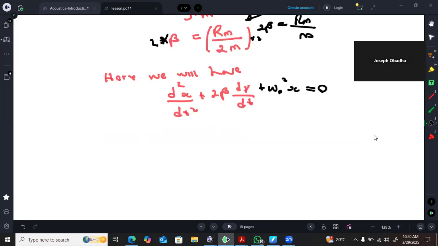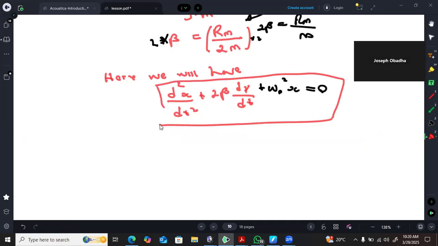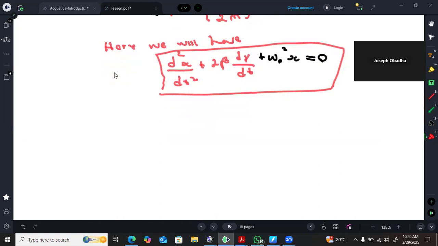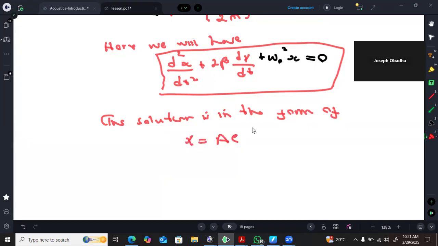This is a differential equation, and the way we solve differential equations, we can always assume the solution takes a certain form. Like we know, the solution is in the form of x equal to A e to the gamma t.